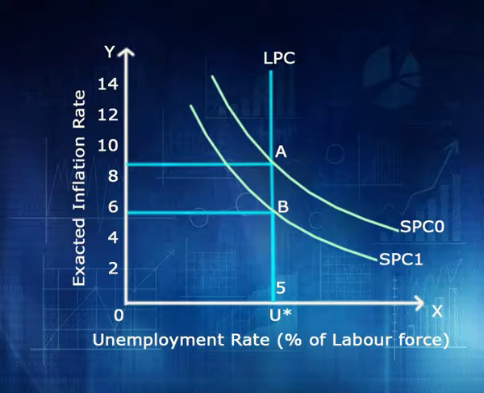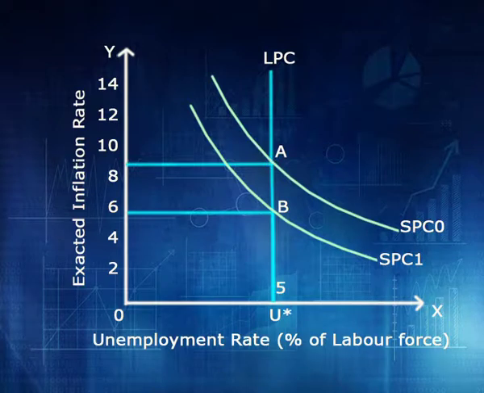Whereas in the short run Phillips curve, the anticipated inflation rate changes, as observed in the figure here. If the expected inflation rate is 9% a year, then as will be seen in the figure, the SPC 0 passes through the corresponding point A on the LPC with the natural unemployment rate of 5%.